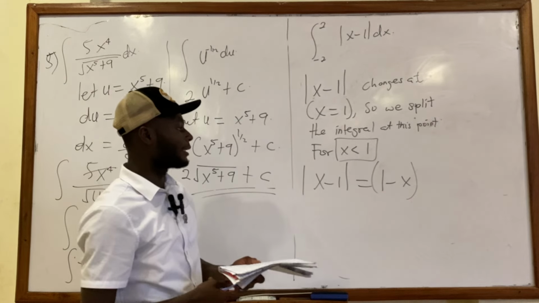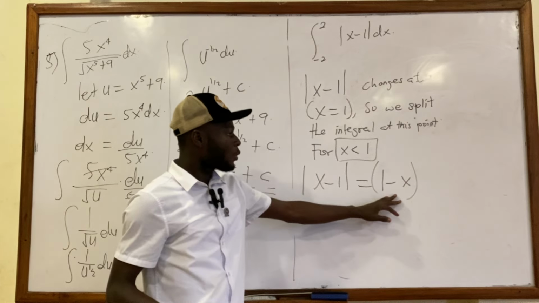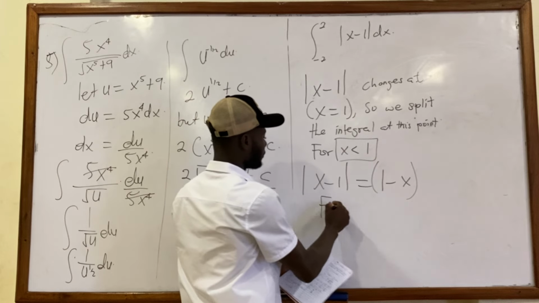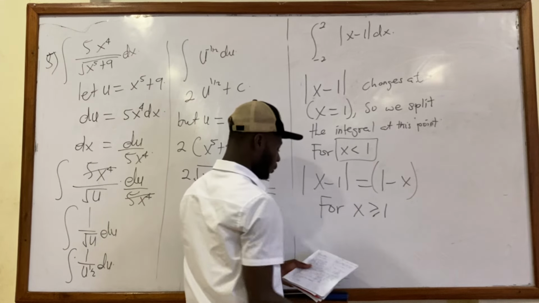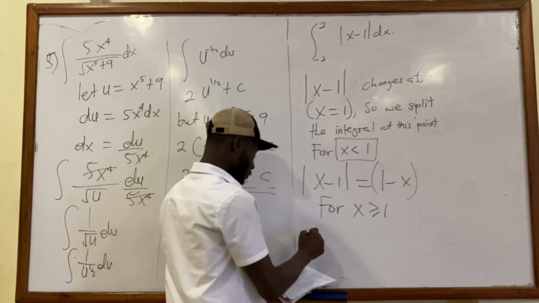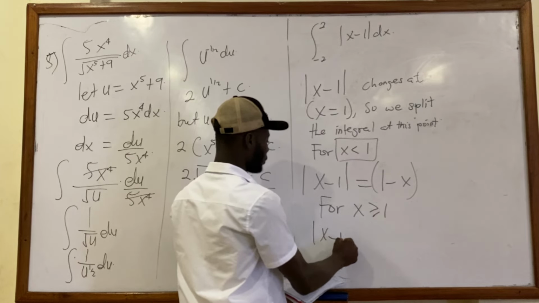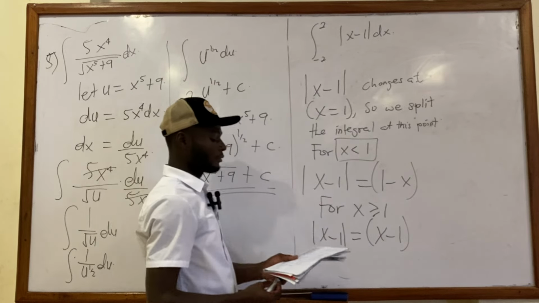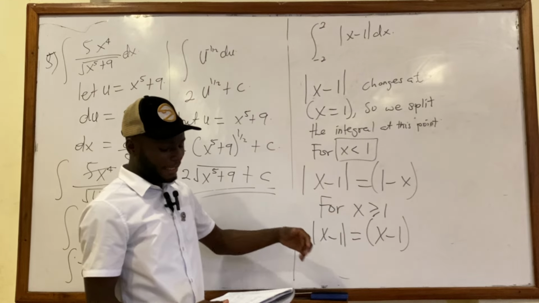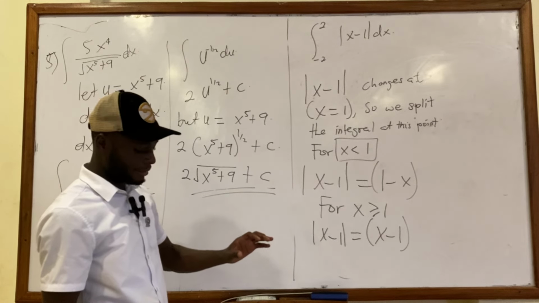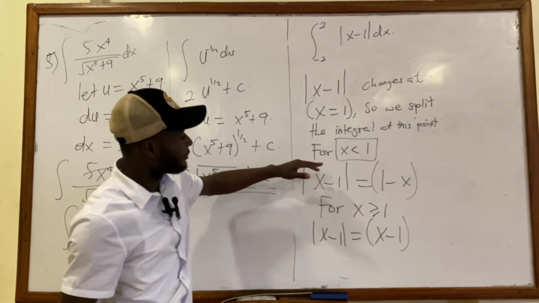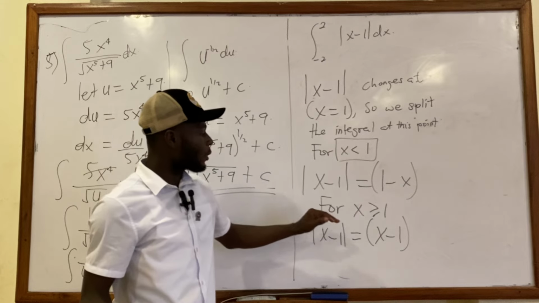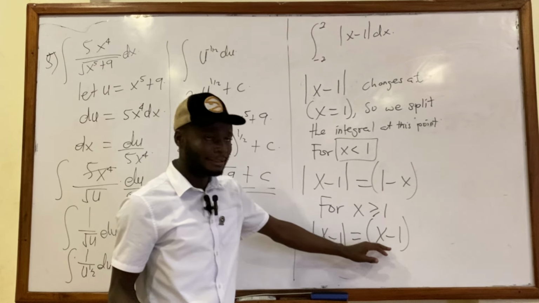And for x to be greater than or equal to 1, the absolute of x minus 1 will be equal to x minus 1. Right? So we split the integral into parts: when x is less than 1, that is 1 minus x, and when x is greater than or equal to 1, that is x minus 1.